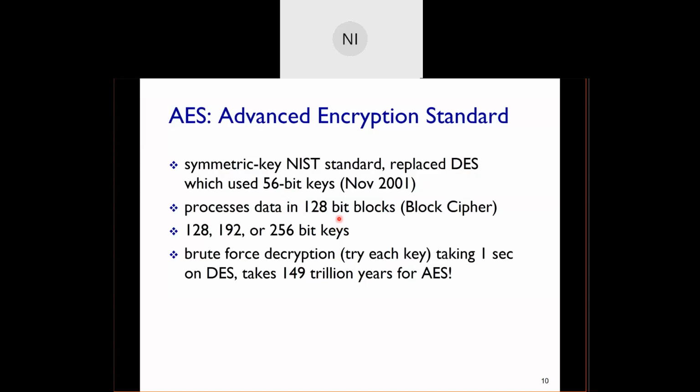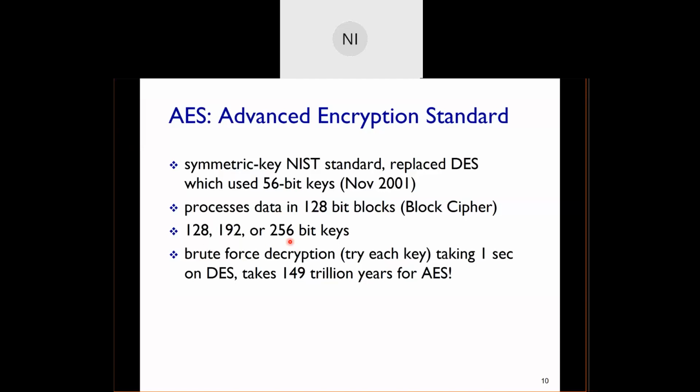It basically processes the data in 128 bits. It is a block cipher, which takes data of 128 bits each and does the encryption. The key lengths it uses are of three different types, all the way from 128-bit to 256-bit keys, for encrypting the data and decrypting it at the other side.